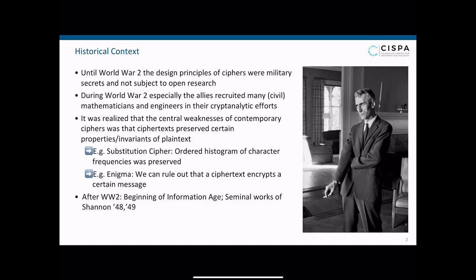In math and computer science, this is marked by two seminal works of Claude Shannon, who you see on the right here, who started the scientific study of information. Before that, information was an informal notion, but Claude Shannon managed to develop mathematical tools and a mathematical framework to work with this concept of information.